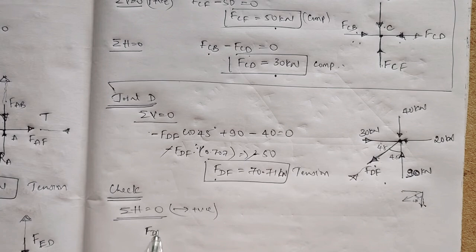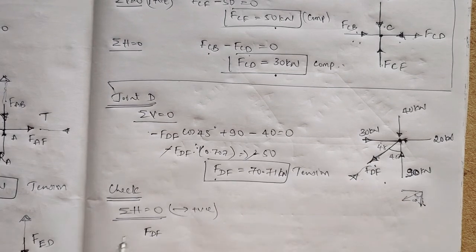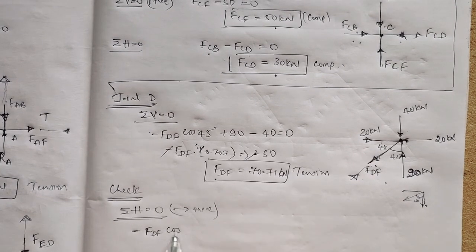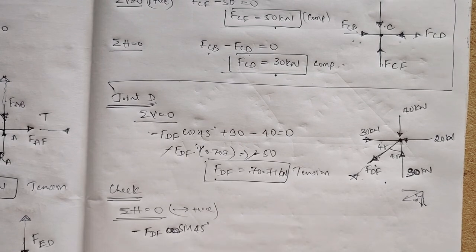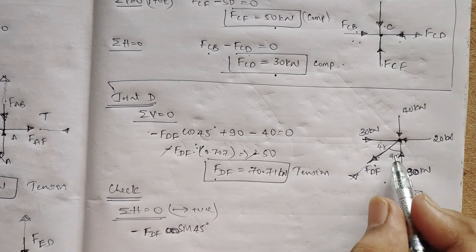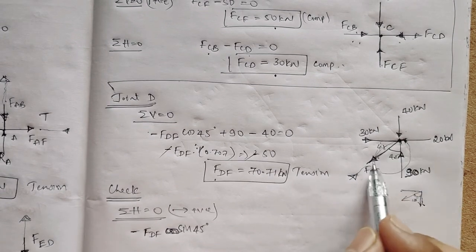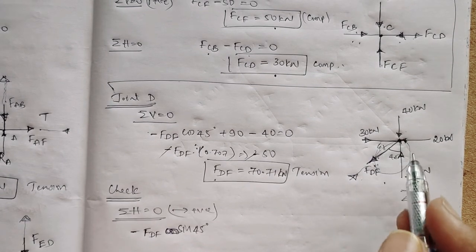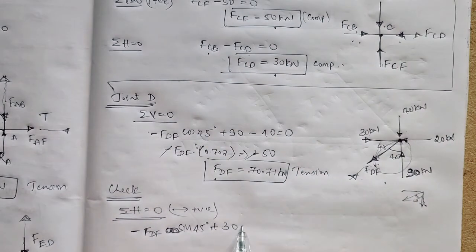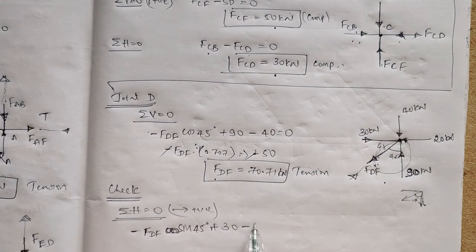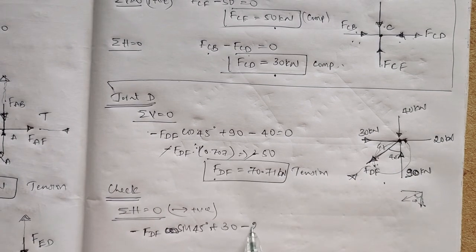So FDF, it is also negative, sin 45 degree. If you take this 45 or that 45, the answer will be the same. Plus 30 minus 20 is equal to 0.